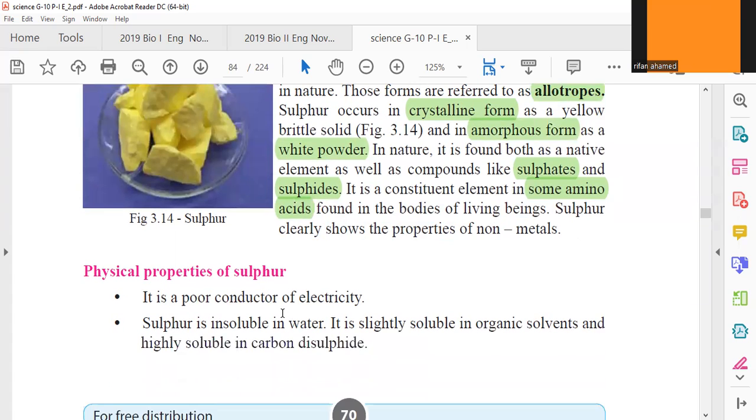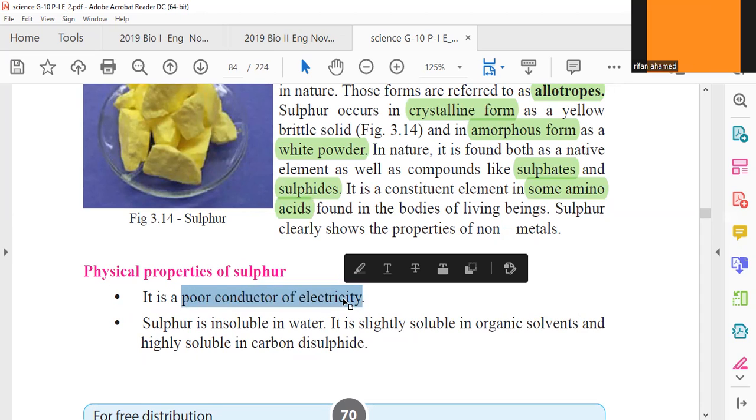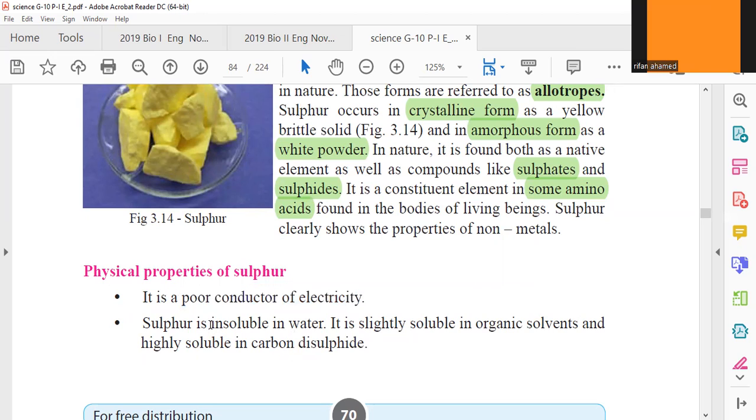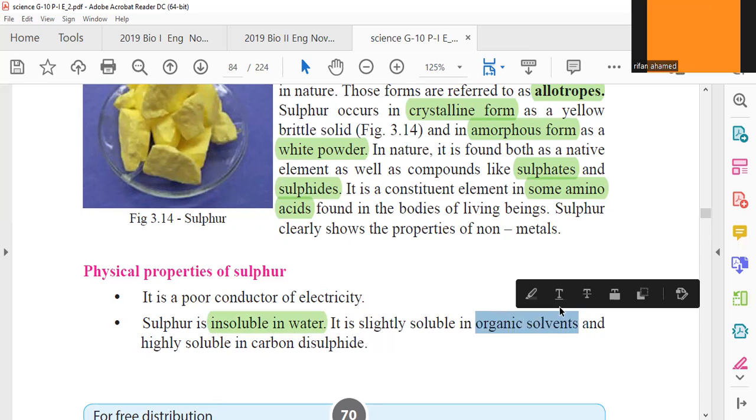Now we come to the physical properties of sulfur. Sulfur doesn't conduct electricity. So that's why your book says it's a poor conductor of electricity. Sulfur doesn't dissolve in water. To dissolve sulfur, you can use organic solvents. Later, in grade 11, inshallah, you will study the organic solvents.